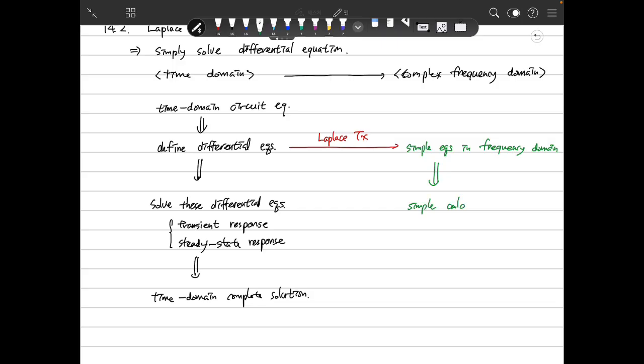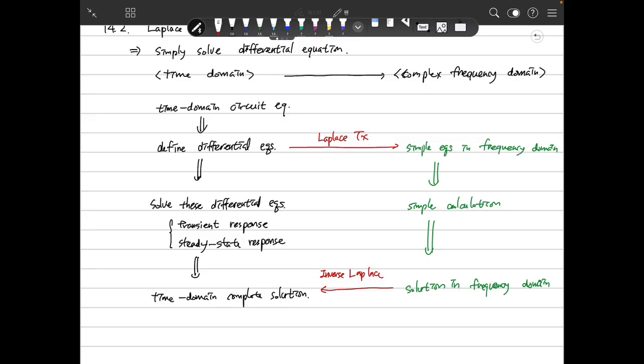Simple. And we get a solution in the frequency domain. Then we apply the inverse Laplace. Then we get a time domain solution. That's the way to analyze an electric circuit using the Laplace.